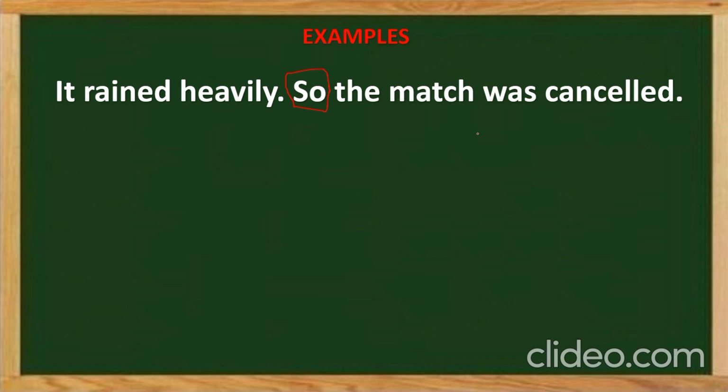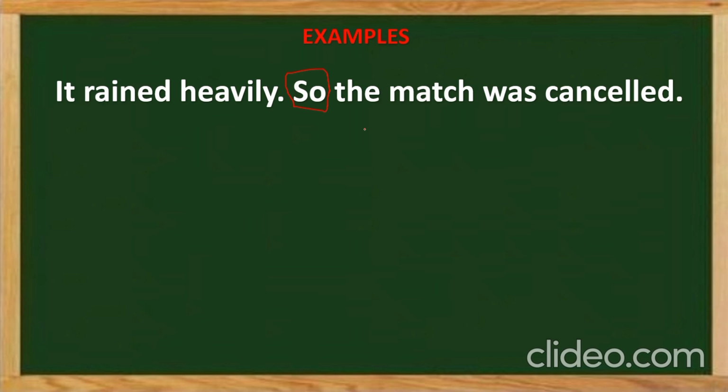So whenever you see two sentences like this, first you identify the reason and the result. So let us find out what is the reason and result here. Why was the match cancelled?